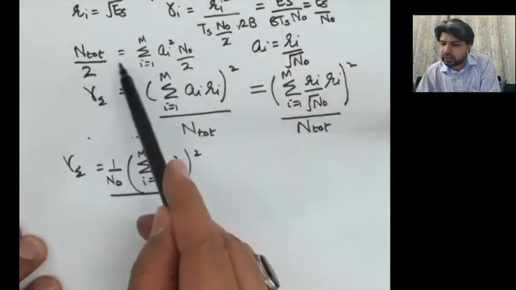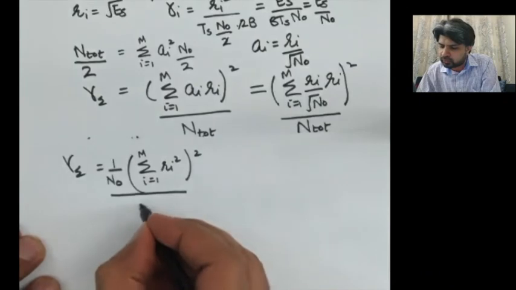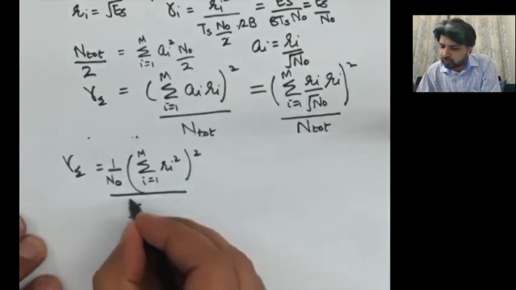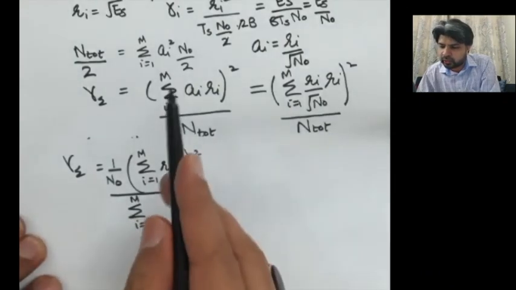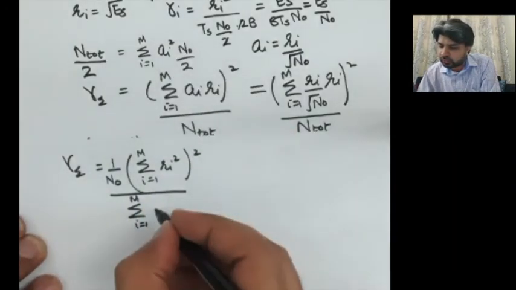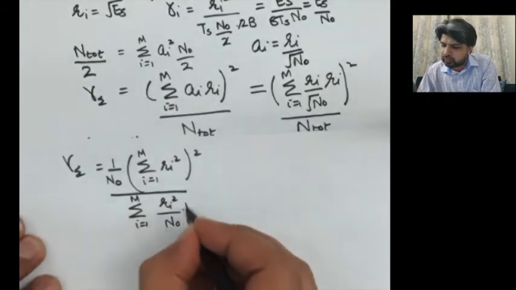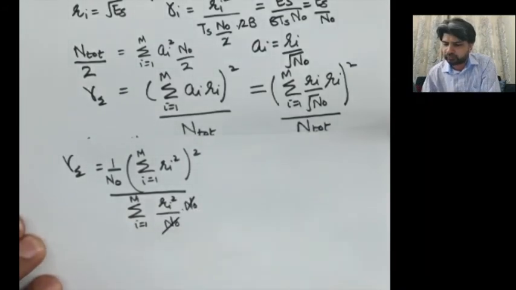This 2 times N total by 2 would give you N total, which is the summation i equals 1 to capital M of a_i squared times N0, where a_i is R_i over root N0. That would be R_i squared over N0 times N0, which cancels out.